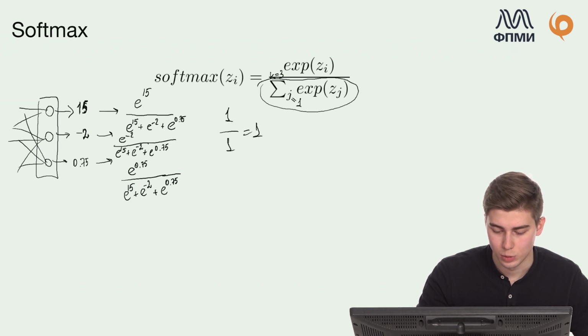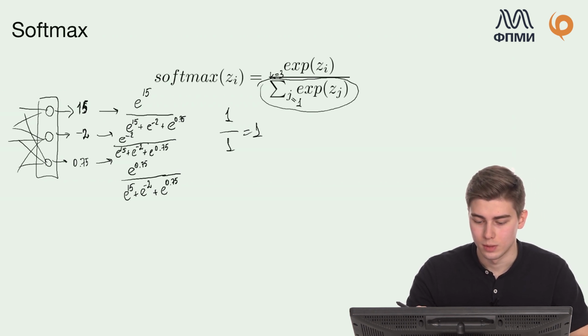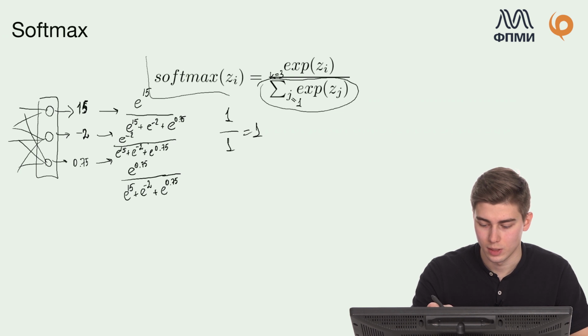And it's between 0 and 1 because the maximum numerator that we can get is equal to the denominator. This is the Softmax activation.